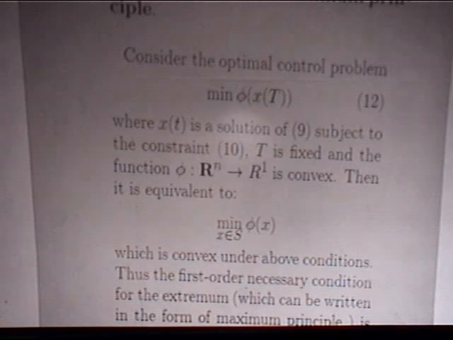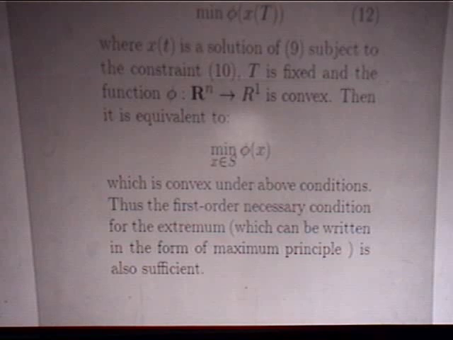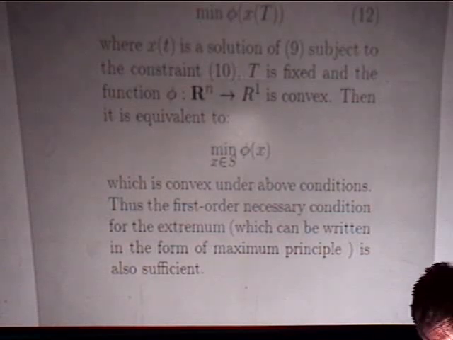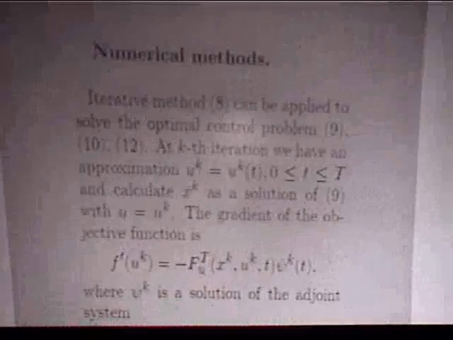And so, returning to our initial problem, we can claim that the maximum principle for this problem is not only a necessary but also a sufficient condition of optimality. Then we can construct numerical methods for the problem.